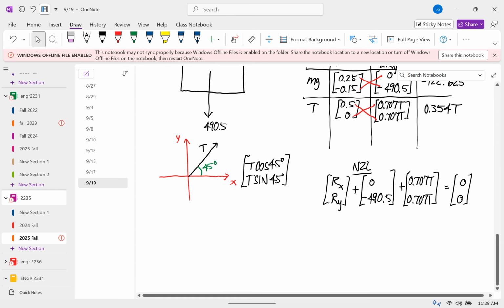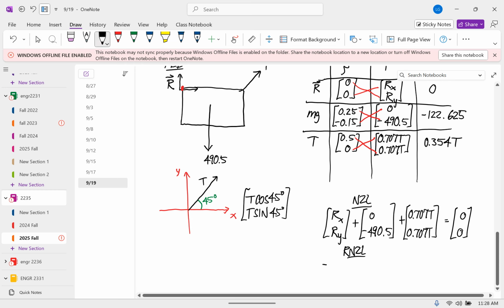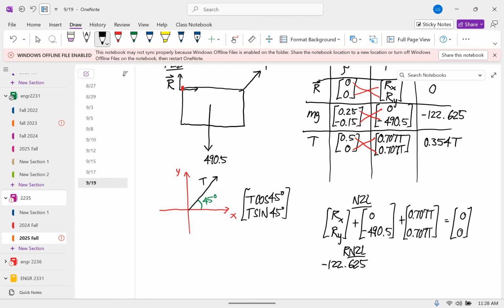And then the moment equation, rotational Newton's second law, says negative 122.625 plus 0.354 T is equal to 0.